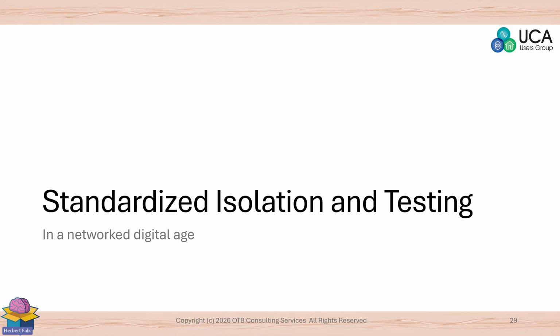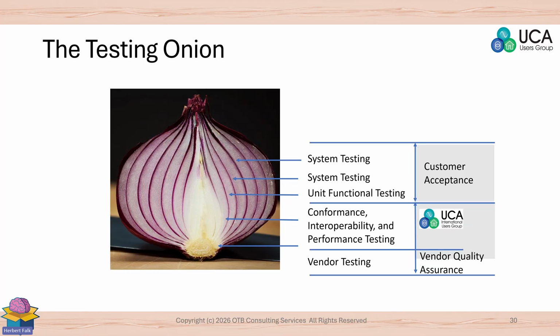So let's talk about one of the concerns that a lot of people talk about, which is how do I isolate and test a digital 61850 system? So let's talk about the testing onion first.